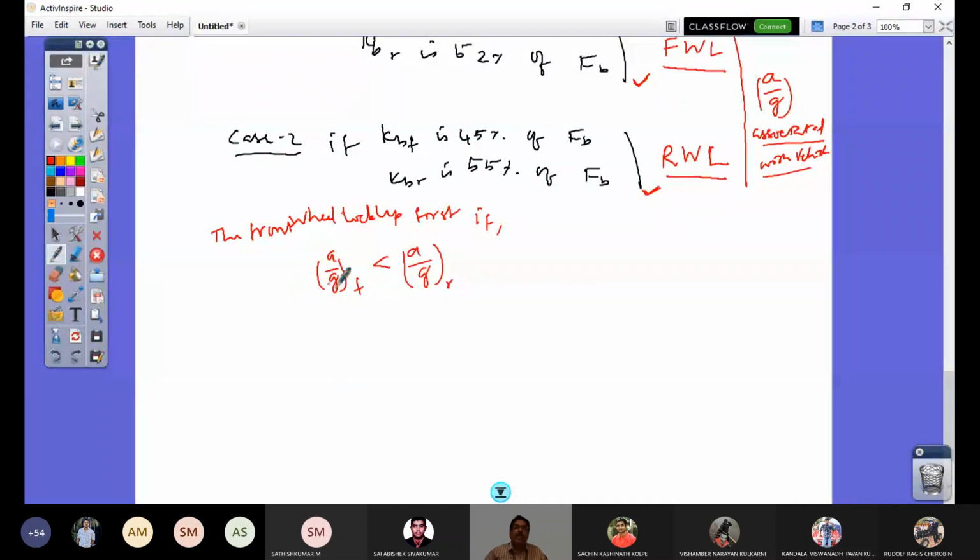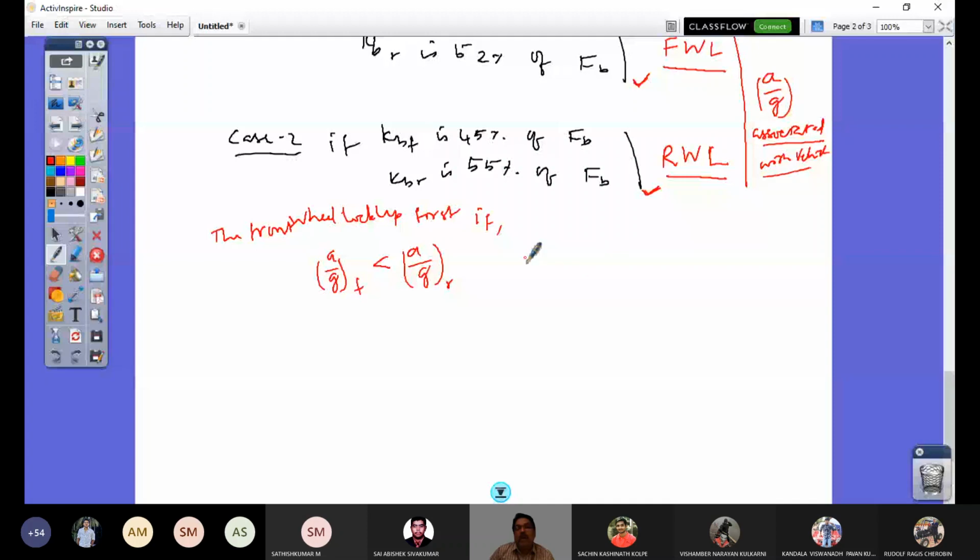So what do you mean by A by G subscript F? That's what you have to understand. A by G subscript F refers to the deceleration associated with an impending lockup of the front tires. So the subscript I put is the deceleration of the vehicle associated with the front wheel lockup, or the rear wheel lockup, right?